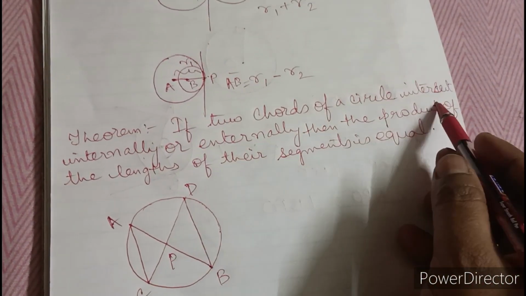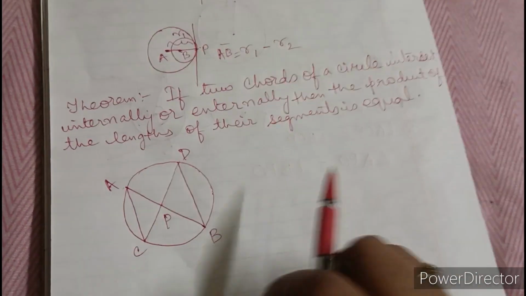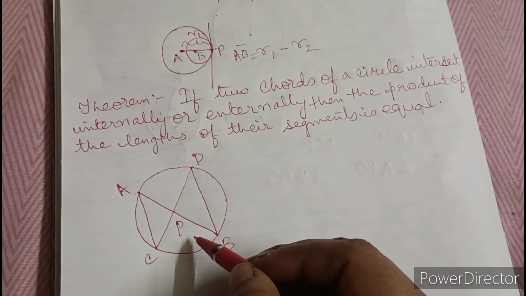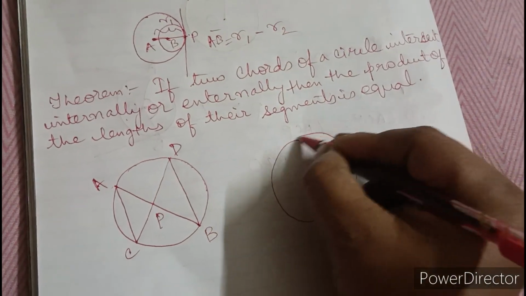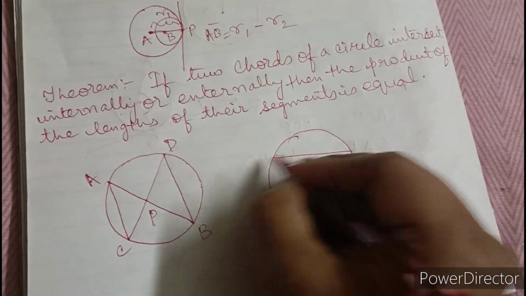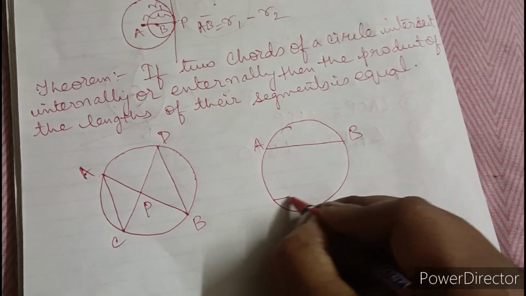As you can see from the diagram, these two chords AB and CD are intersecting at P internally, and externally we will say like this. Suppose there is a chord AB and another chord CD.